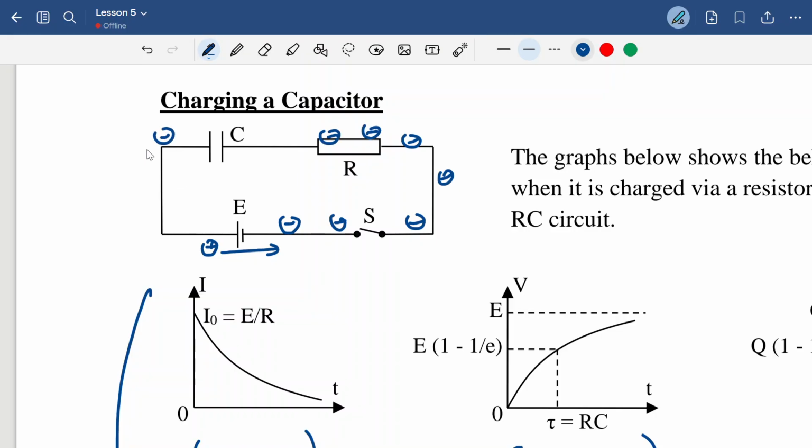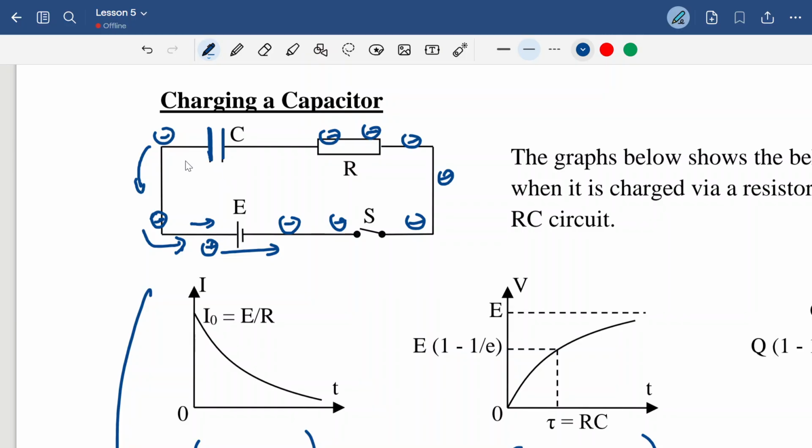Now, because we move these electrons in this direction, this capacitor, which is initially uncharged, has negative charges, which are electrons, moved from this plate to the other plate. This eventually becomes positively charged, and this will become negatively charged.